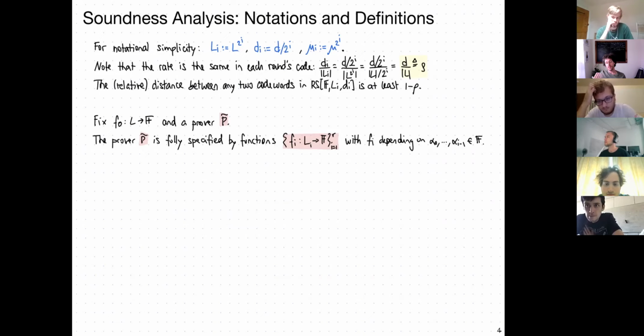And so we can say without loss of generality that the prover can be fully specified by the functions that it would send in each round. And notice that this function depends on the random choices alpha 0 to alpha i, which are the random elements that the verifier sends, which specify how to fold.